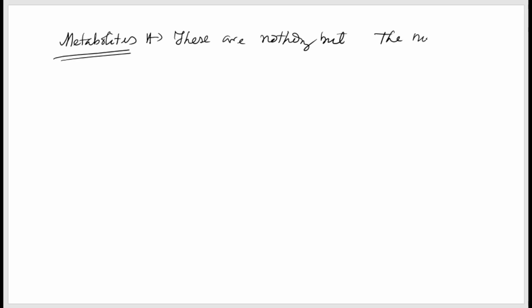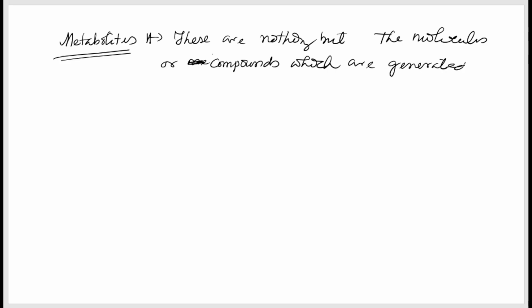Coming to the metabolites, when you say metabolites, these are nothing but the molecules, or you can say biomolecules, or compounds, which are generated during the metabolism process, whether it is anabolism or catabolism.